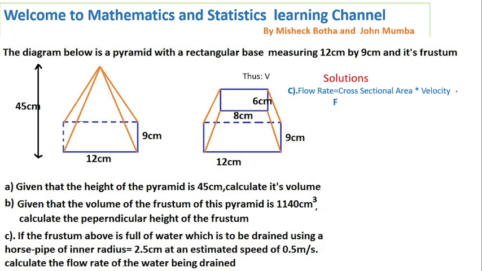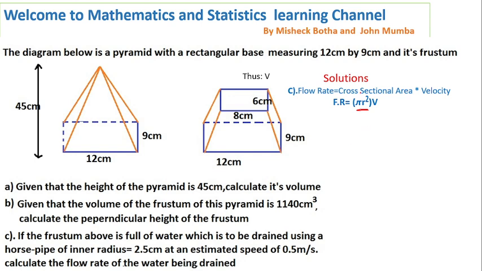When you substitute with the data you have, remember that the question is talking about a pipe. The cross-section area of this pipe is circular, right? That's why we have used the formula for the area of a circle, because the pipe through which the water is being drained, with radius 2.5 centimeters at the speed of 0.5 meters per second, is circular.